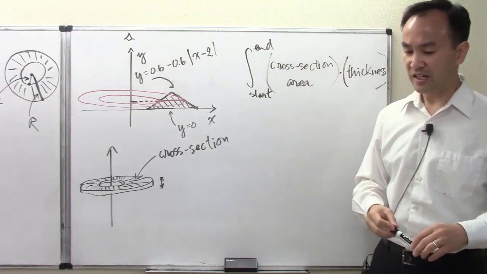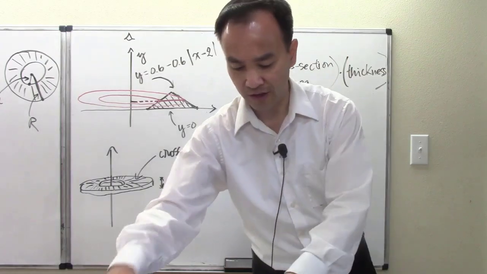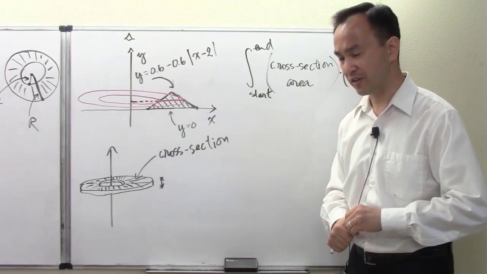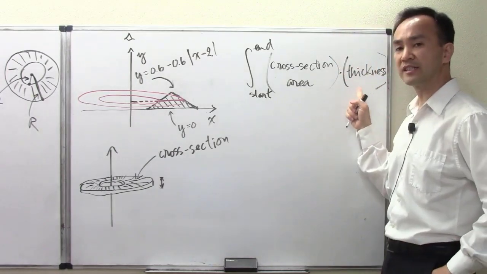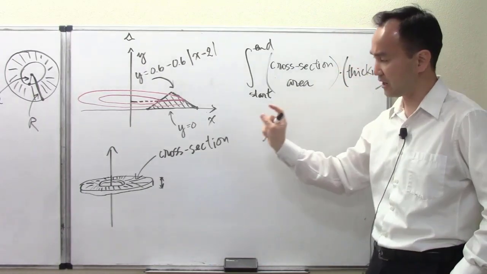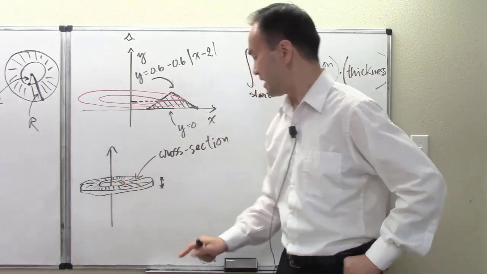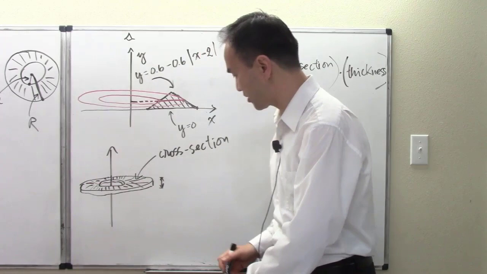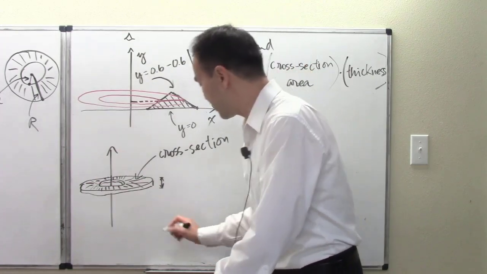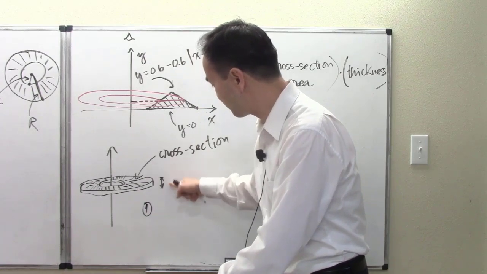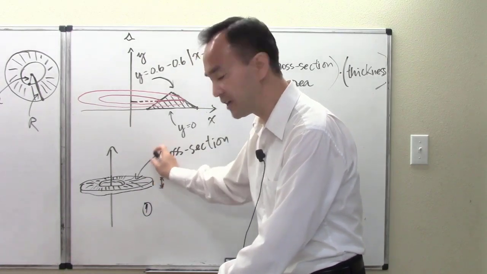In that way, according to my recommendation, let's try to recognize the thickness on each of our washers here. In the way we place our washers right now, the thickness has to be the vertical dimension.